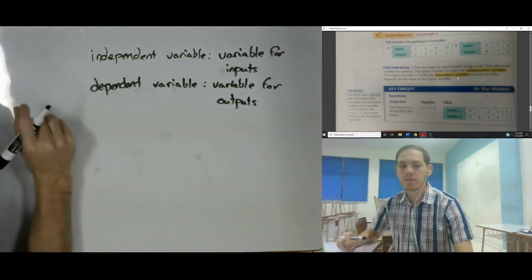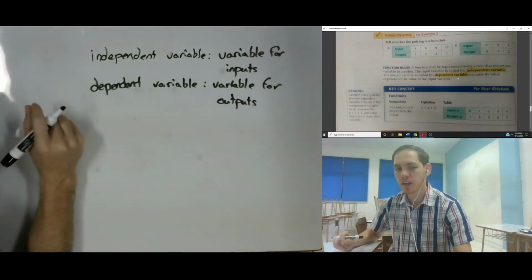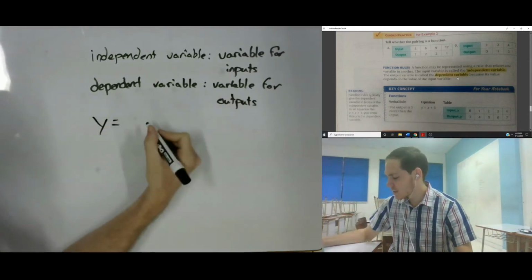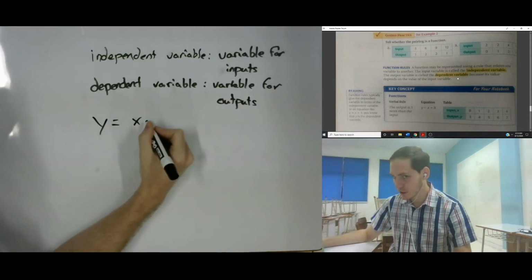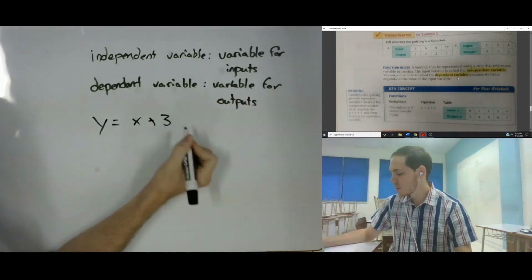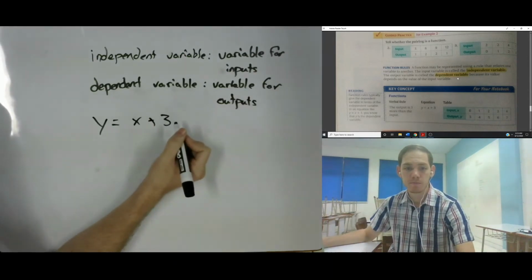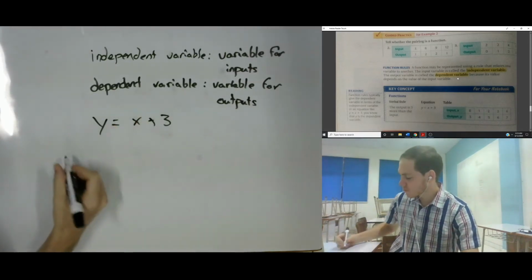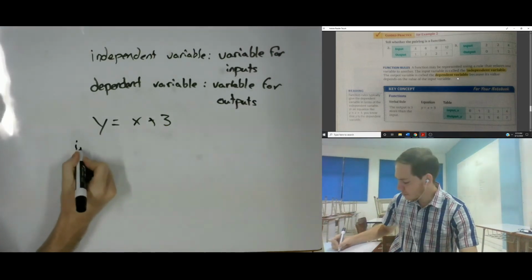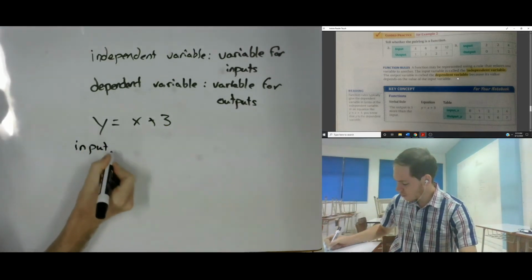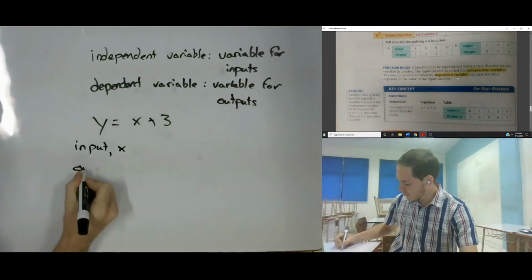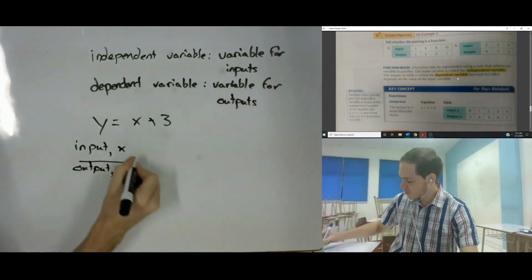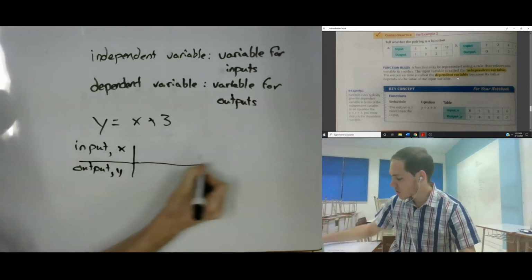So verbal rule. The output is 3 more than the input. Okay, the output, y, equals 3 more than x. Okay, that's our equation. Table, we do input, or x, and output, y. In this case, we'll start with 0.